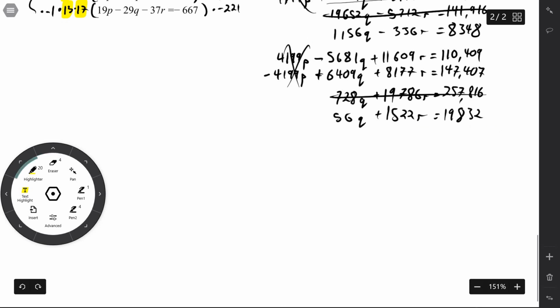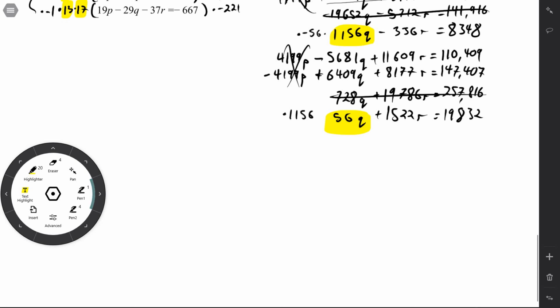So what I'm going to do is make the Q's here the inverse of each other. I'm going to do that by taking this top one and multiplying it by negative 56, and this bottom one by just multiplying it by 1,156. Once I'm done crunching those numbers, I'll be back to you again with the big equation. We'll add them all up, get to an R value, and then plug it in. It'll be much easier from there, I promise.